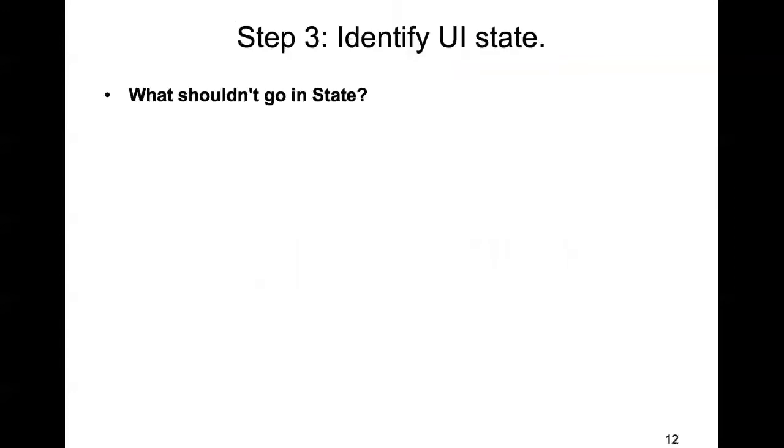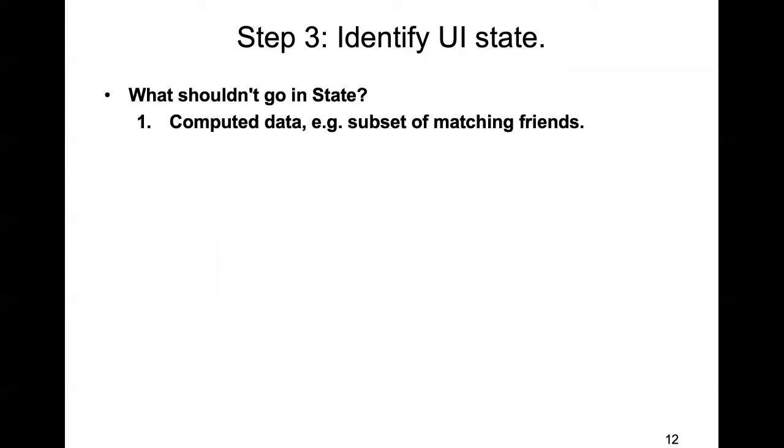Now, question is though, how do we identify UI state? Haven't still addressed that. Sometimes it's good to understand what shouldn't be UI state. The first thing is, I think I've mentioned before, anything that could be computed at runtime, that computed data should not be stored typically as a state variable in a component, right?